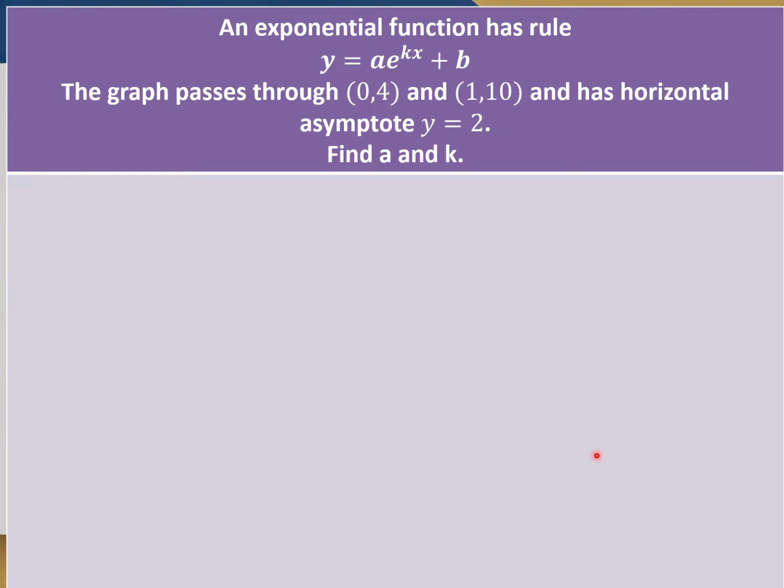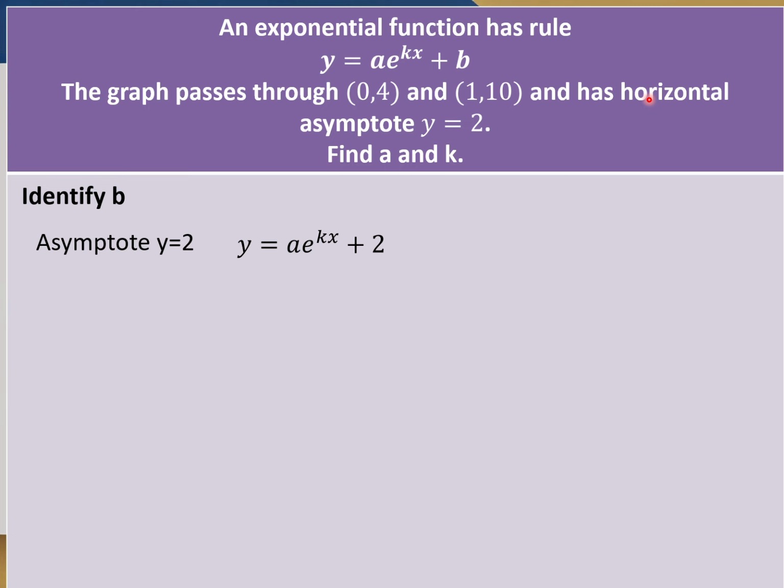So the first thing I'm going to take off is b, because b is the part that gives us this asymptote, or sorry, helps us see it. So for us to identify the b, I'm going to use the asymptote of y equals 2, and that tells me what my b is going to be.